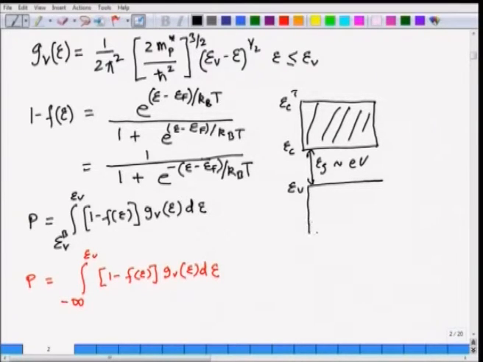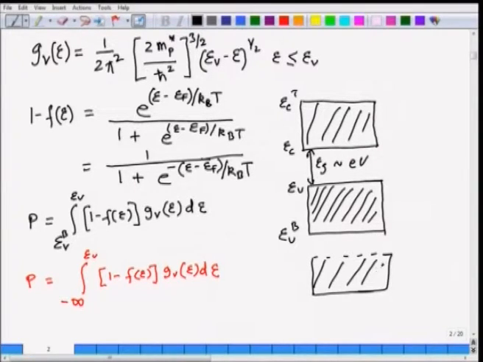Now we are going to say that there is an EV bottom also, and by the same token there may be another gap here and then another band here with another gap here, EG prime, but that does not matter. The only point is that electrons fill up all the way up to here. So, the only gap which is relevant is where electrons jump from this point to this empty state. These are the only two relevant bands, we call this the conduction band and we call this the valence band, but there may be other band gaps also further underneath in lower energies, and remember energy is increasing this way.